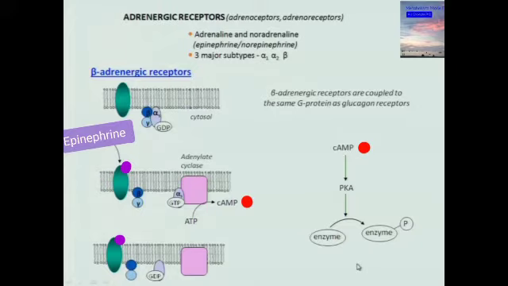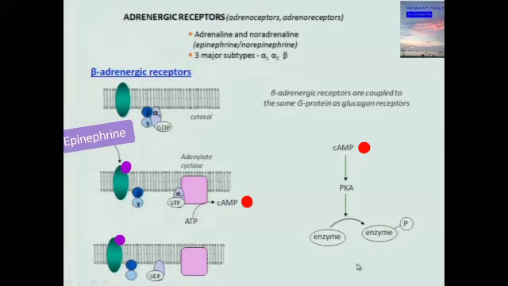Note what's going to happen. You see this here, GDP. It is bound to the alpha subunit. It's going to be kicked out, replaced by GTP.